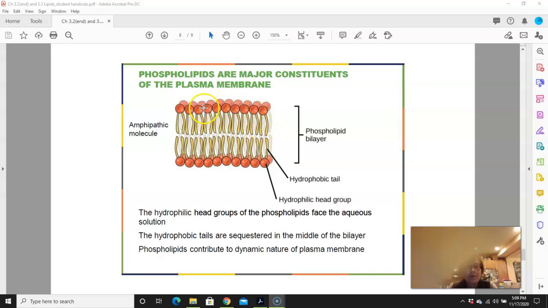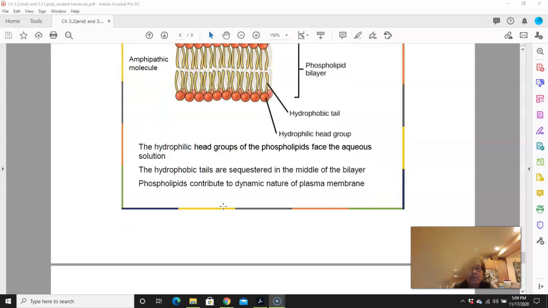When these phospholipids get together, they form two layers where the tails all point inward, and the heads are either outward toward the inside of the cell or outward toward the cell's environment. But those are generally watery areas, so this is why the hydrophilic ends are toward anything that would be watery, both on the inside of a cell or on the outside. We're going to talk about the importance of this coming up.